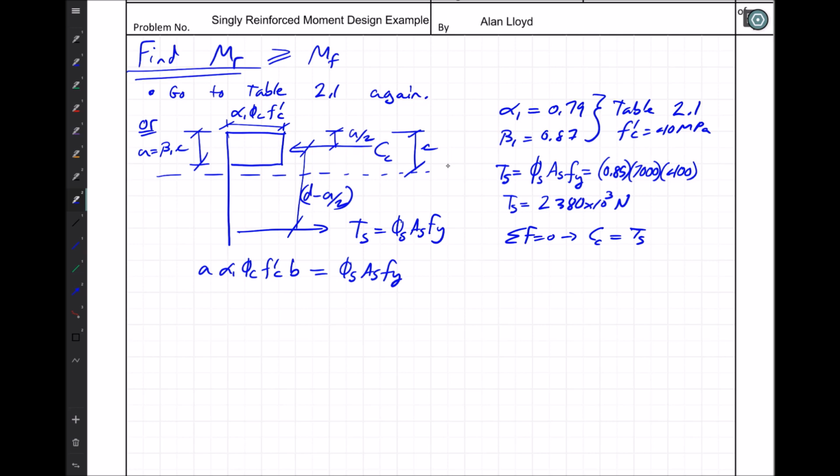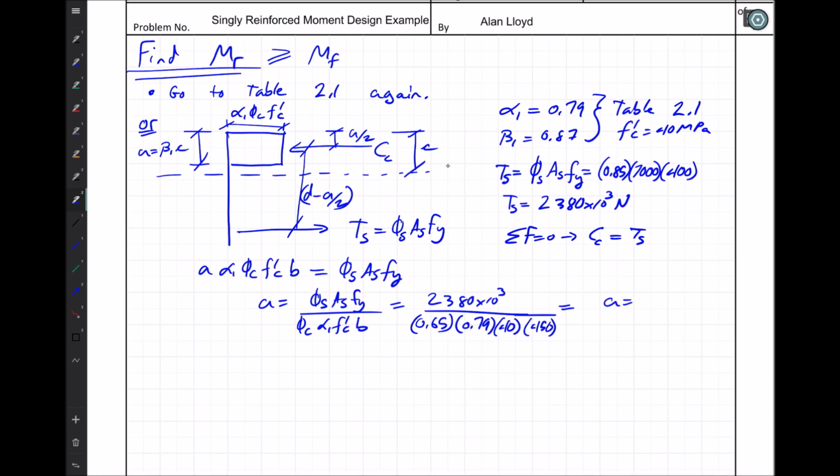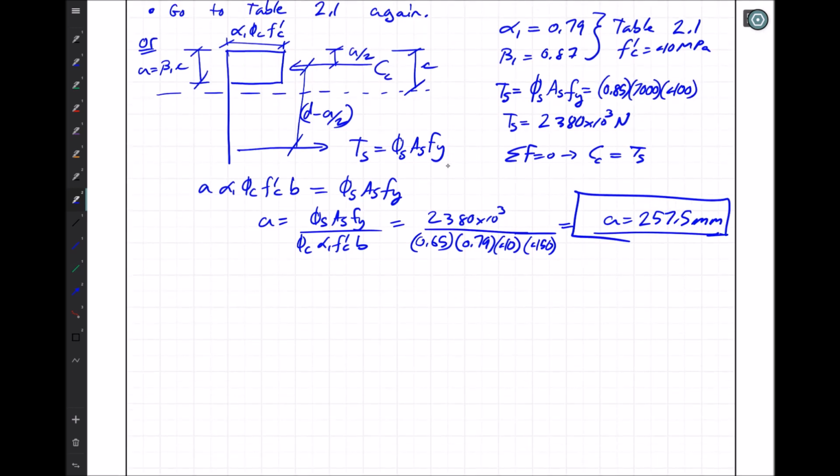So we can solve for A equal to phi S, area of steel, Fy, divided by phi C, alpha 1, F prime C, B. Plugging in all these values, we get 2,380 times 10 to the 3, divided by 0.65 as phi concrete, 0.79 as alpha 1, 40 MPa concrete strength, and 450 millimeters as B. This gives us A equal to 257.5 millimeters, down to the bottom of our equivalent concrete stress block.